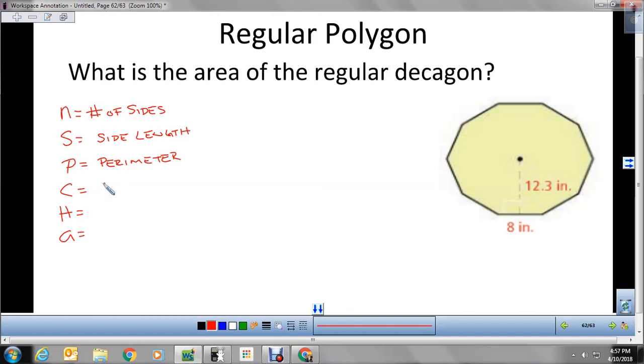C is going to stand for our central angle that we will use when trying to find a missing side length or apothem. And along with the central angle, this is the half angle. Okay, the last one here is the A, little a. This is going to stand for the apothem.